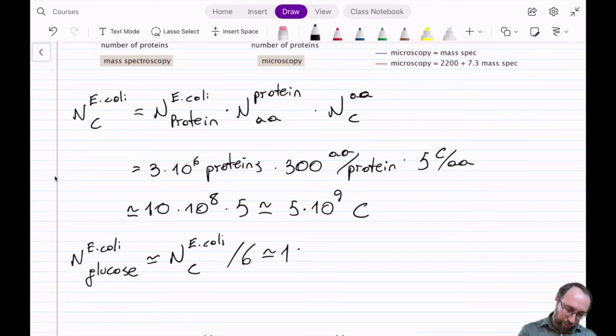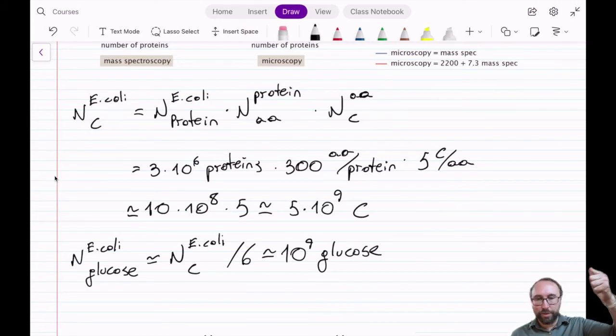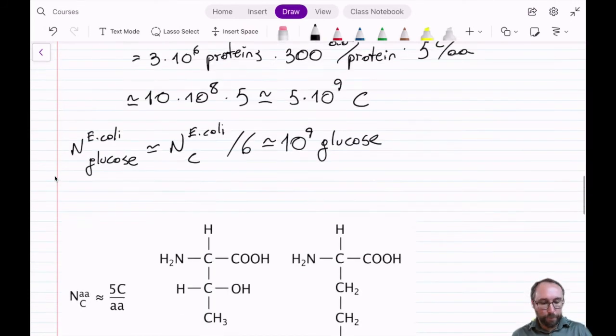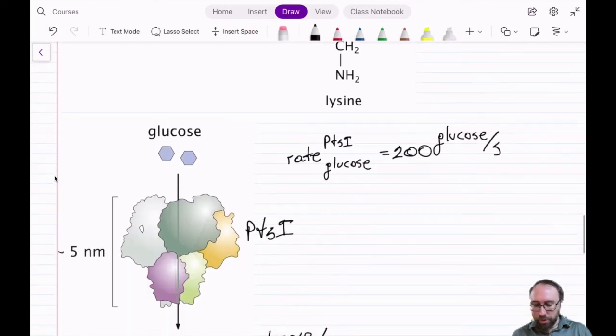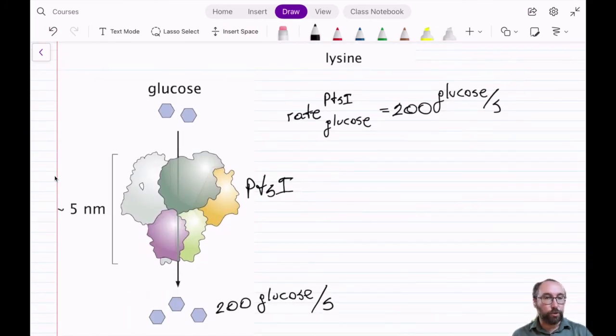So we're talking about 10 to the 9 glucose molecules to make E. coli. Okay, all right, so this is how much we need to bring in to make a new E. coli, right? And these molecules are going to be brought in by carbon transporters, such as, for example, PTS1 that transports on the order of 200 glucose molecules per second.